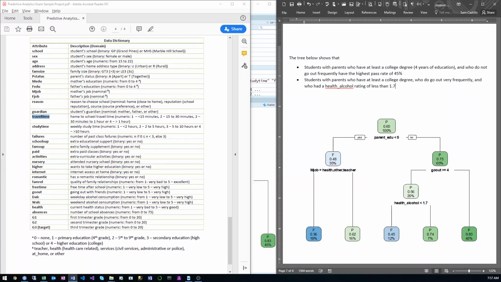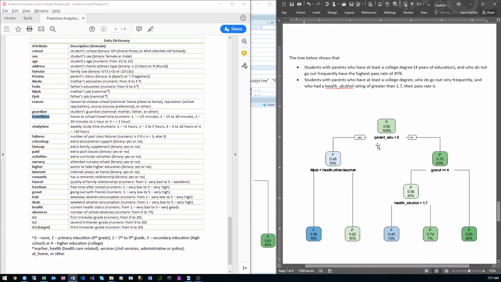Now remember, this is the ratio of alcohol to health status. So a higher value means that the student is less healthy. They're living a less healthy lifestyle. So when this is not less than 1.7, it means it's greater than 1.7, their pass rate is 7%.